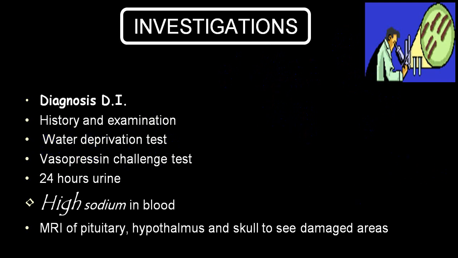So we'll be showing you how the water deprivation test and vasopressin challenge test differentiate central, nephrogenic and dipsogenic. 24-hour urine sample, and look for specific gravity, sodium, etc. And plasma in blood, look for sodium, plasma osmolality and ADH hormone level. For pituitary and hypothalamus, an MRI study is helpful to find out pituitary tumor, hypothalamic tumors and atrophy of the pituitary gland.